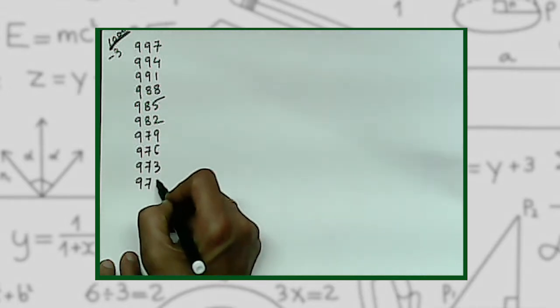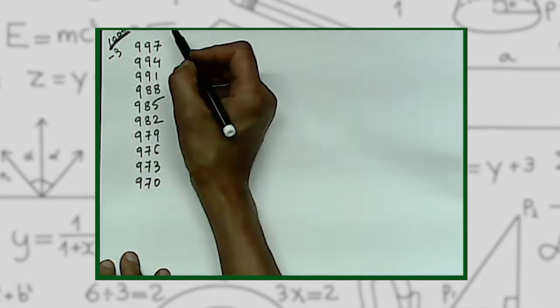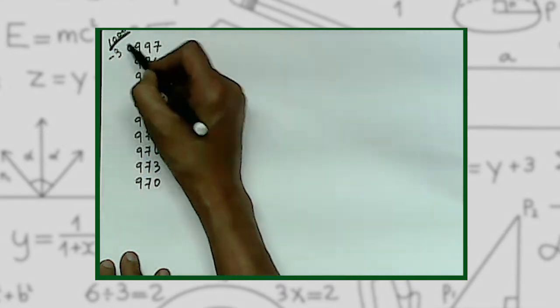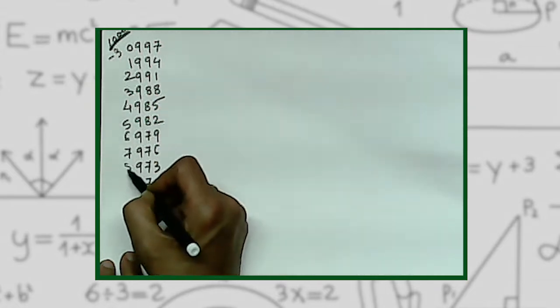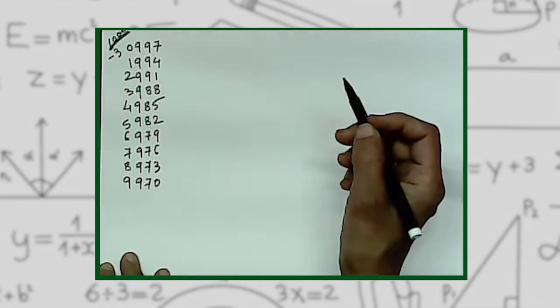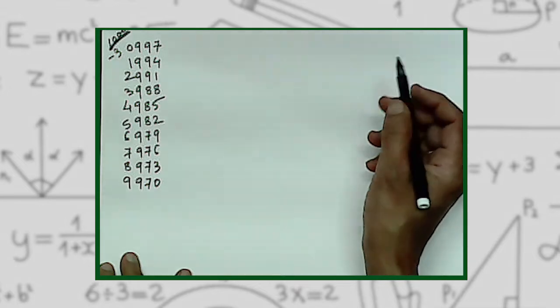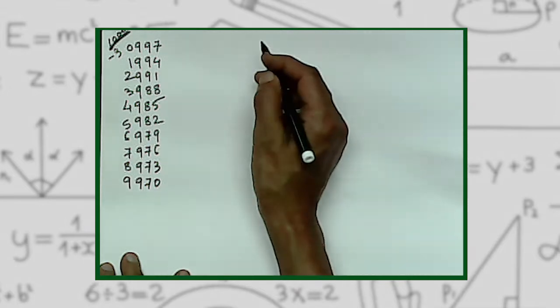Minus 3, 970. We have finished our right hand side. Now left hand side. Go on writing 0, 1, 2, 3, 4, 5, 6, 7, 8, 9 to your left hand side. We have finished our table of 997. So you can take another examples and you can try yourself.